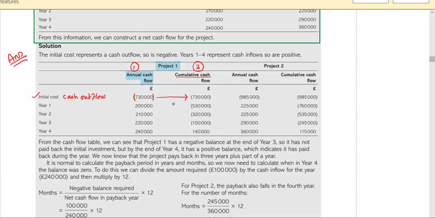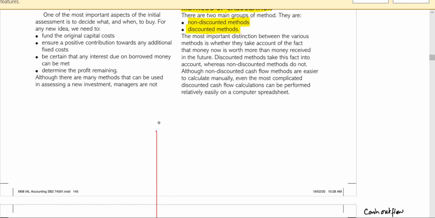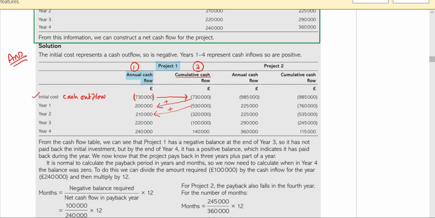Negative 730 plus 200,000 gives minus 530. Then we accumulate plus 210, so it decreases to minus 320. Then we add the next cash flow, and it decreases to minus 100,000.